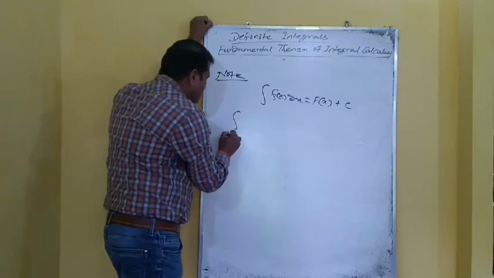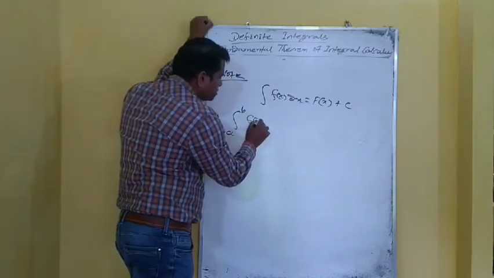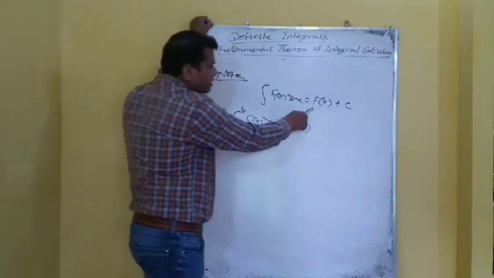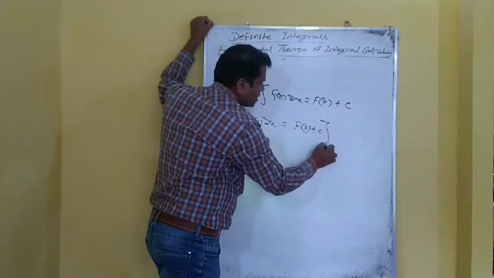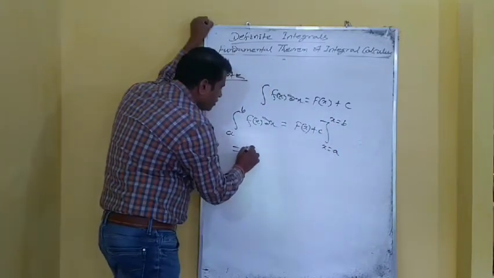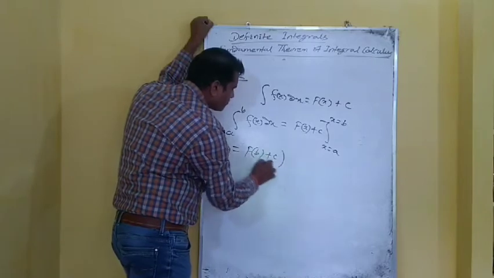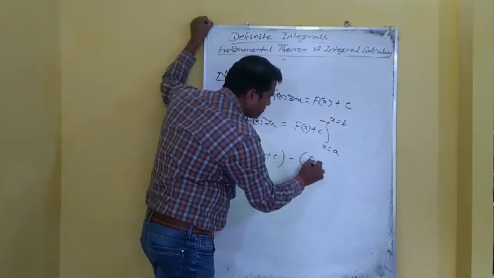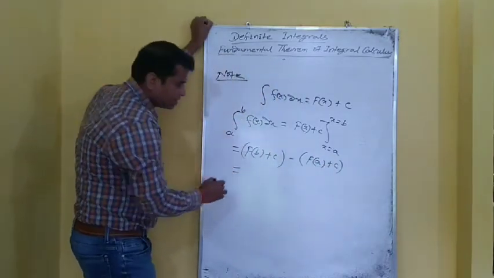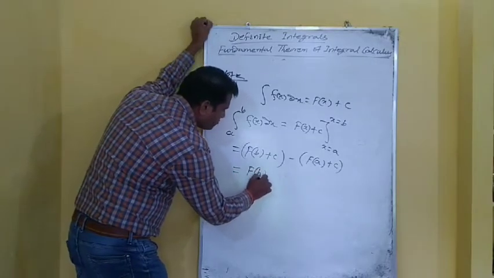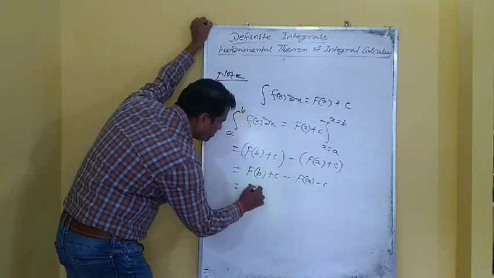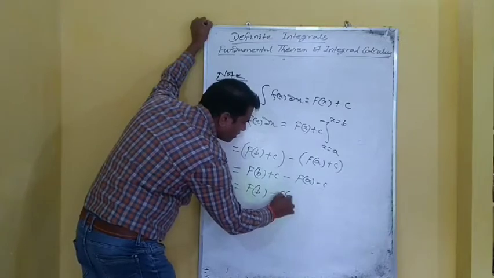So here if we write the integral from a to b of f(x) dx, that means capital F(x) plus c, at x equal to a and x equal to b, that is equal to F(b) plus c minus F(a) plus c from the definition of a definite integral, that is equal to F(b) plus c minus F(a) minus c, that means F(b) minus F(a).